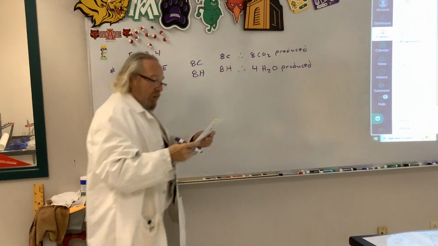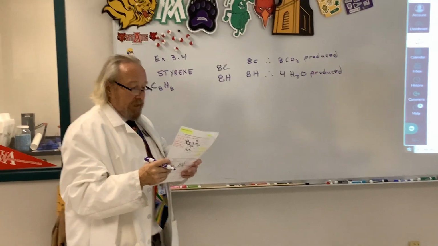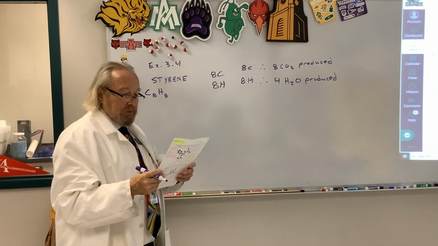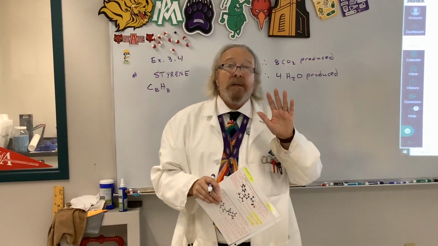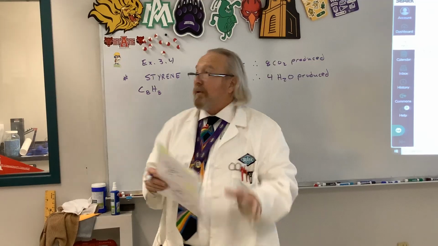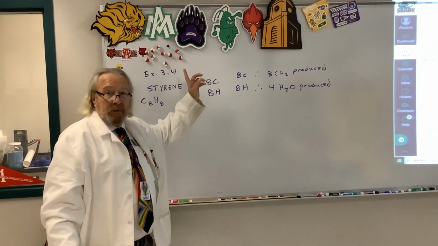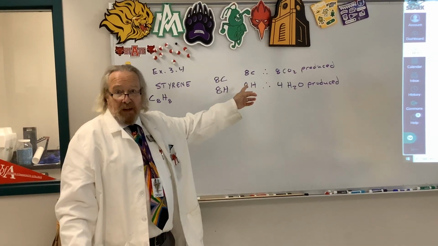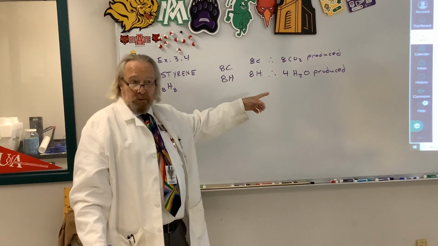So let's read the question. How many moles of carbon dioxide and water, H2O, will be produced by combustion analysis of, and this varies from college to college, this varies from class to class, and even within a class, if I have a big class, from person to person.